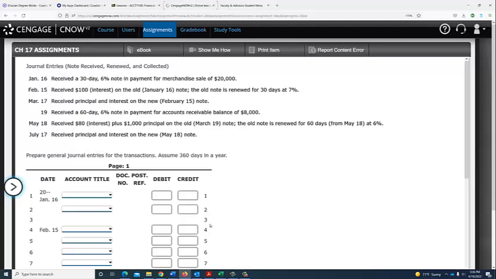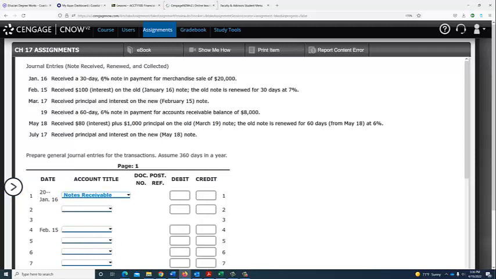Okay, so we received a notes receivable, and it was for a sale, and it was for $20,000. Now remember, we're not ever going to enter the interest at the beginning of the note. Interest accrues or adds up over time, so when the note originates, it's just the principal amount.